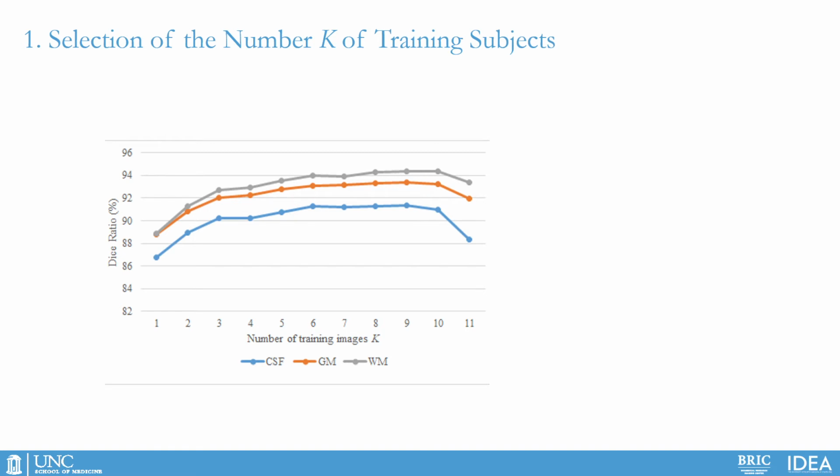In this figure, the horizontal axis is number K, and the vertical axis is the Dice ratio of tissue segmentation. We can see that before 10, the Dice ratio gradually increases, and then it decreases after 10. Thus, we choose K equals 10 in this work.